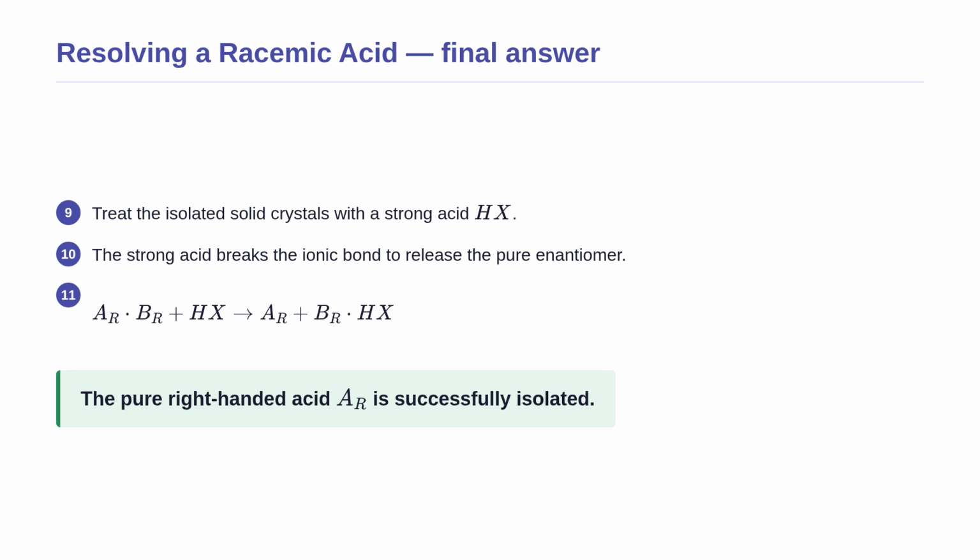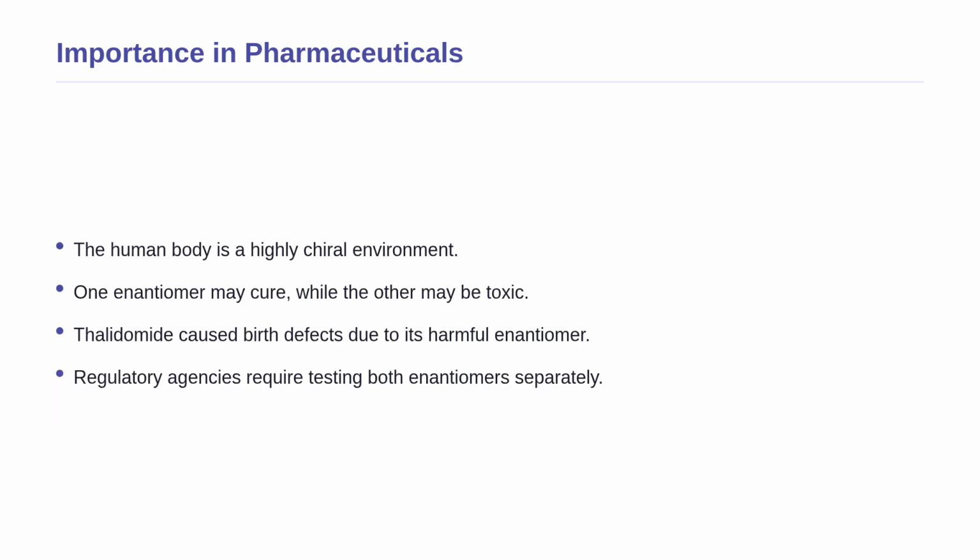pure enantiomer we wanted. Why do we go through all this trouble to resolve racemic mixtures? These concepts are absolutely critical in the pharmaceutical industry and modern medicine. Many drugs are synthesized in the lab as racemic mixtures, but the human body is a highly chiral environment full of handed proteins and enzymes.